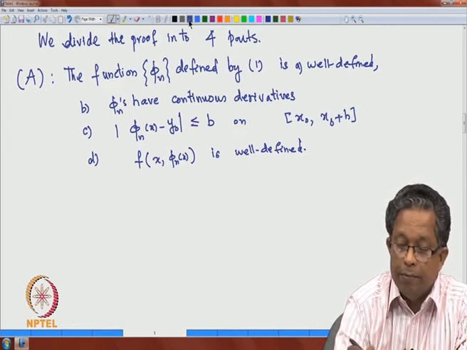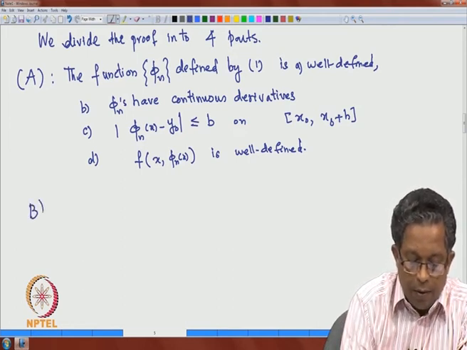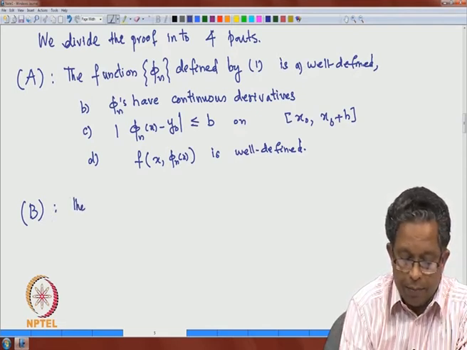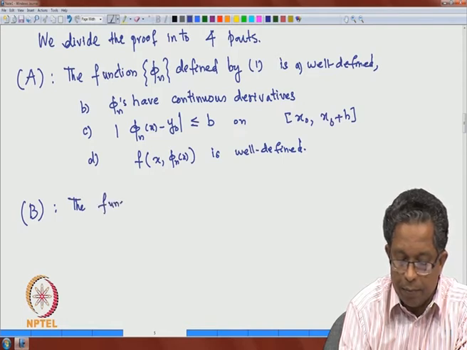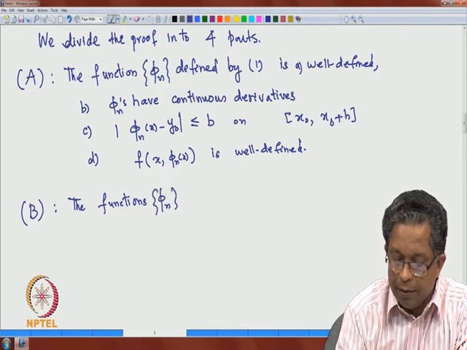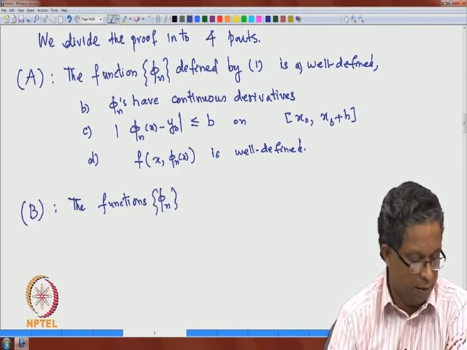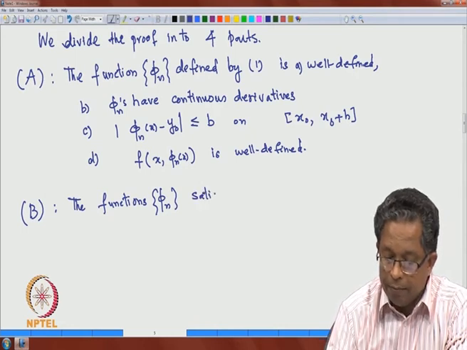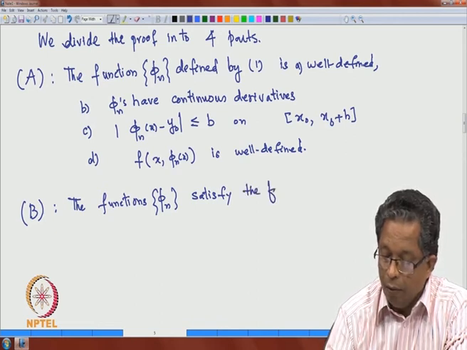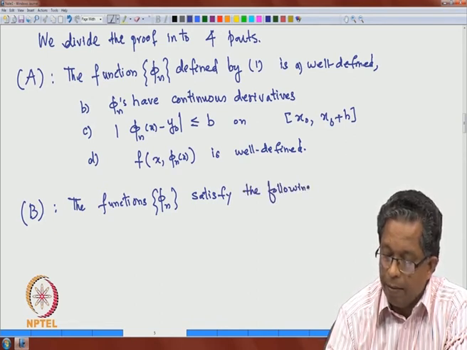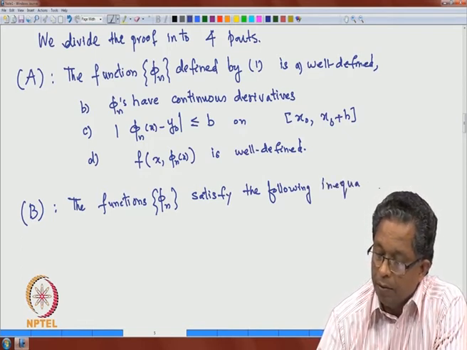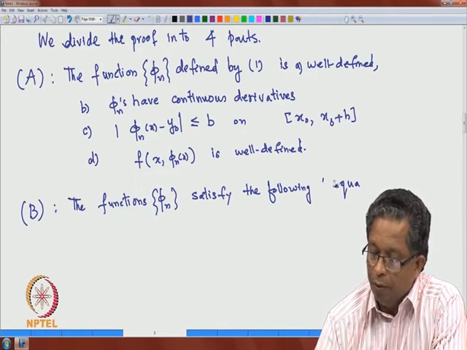And part B. So part B is the sequence of functions phi n(x) we defined by 1 satisfy the following inequality, the following estimate.